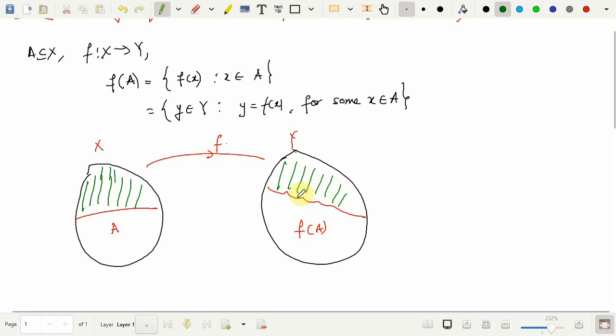This is not true in general, and in fact you will prove that the equality holds, that is, the image of this complementary part is the same as Y difference the image f of A, if and only if the given function is onto and 1-1, that is, it has to be a bijection.